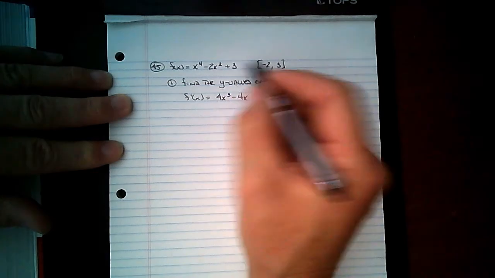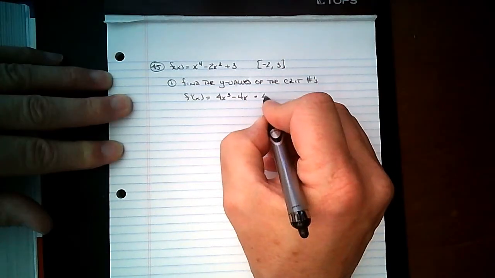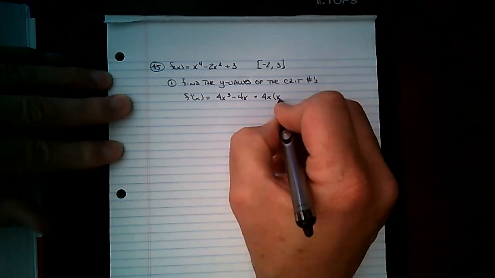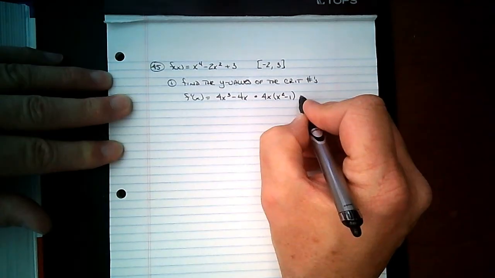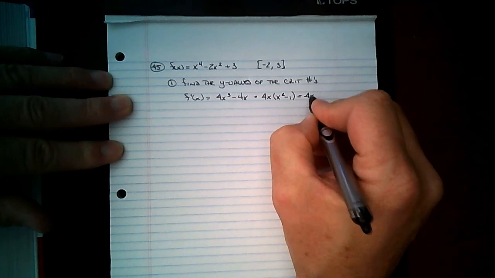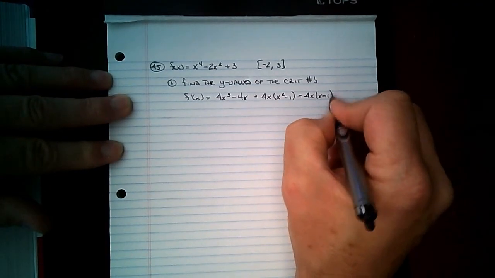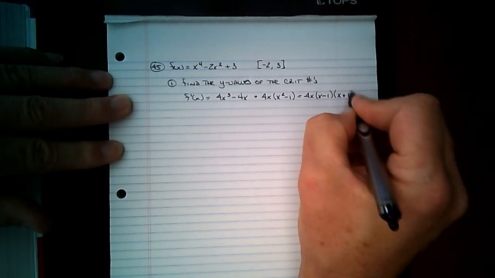That's where we take the derivative, which factors, of course, to 4x times x squared minus 1, which, of course, factors to 4x times x minus 1 times x plus 1.